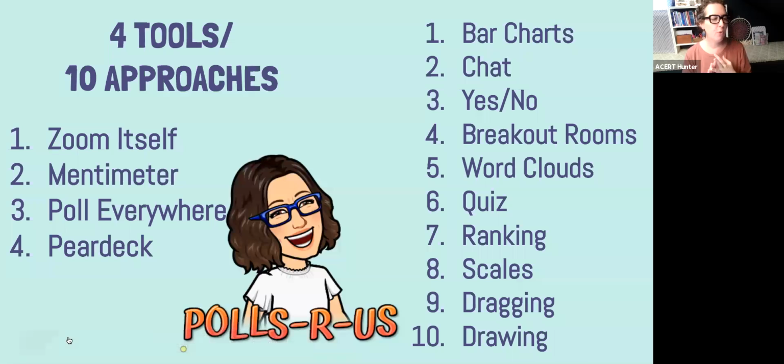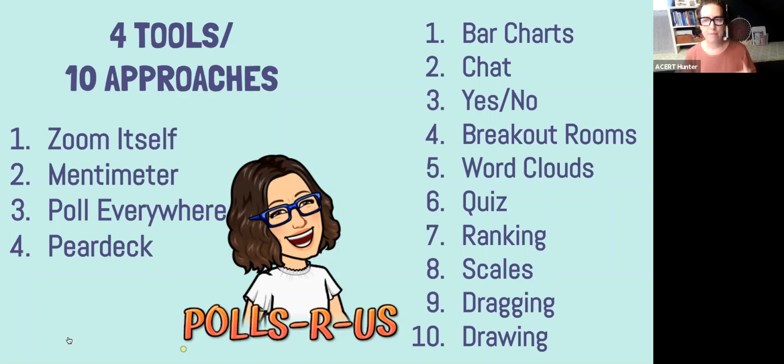So I'm going to just go over 4 tools today. Because I don't want it to be an overdose on tools, Zoom itself, and these are free, the other ones, I'm using all free versions of Mentimeter, Poll Everywhere, and Peardeck.